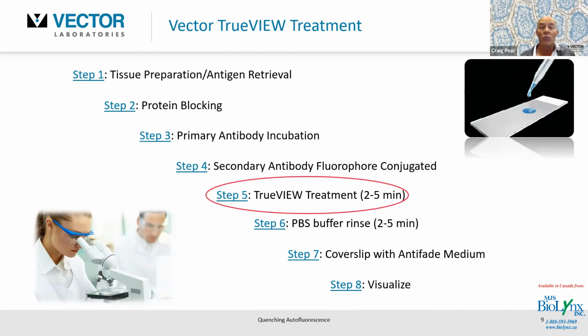Then you put on the TrueView at this step after you've applied your fluorophore for that short period of time, give it that brief rinse, cover slip, and then visualize. So the idea of this slide is to show you there's no great optimization required. You simply slip the TrueView in after you've done all the upstream detection, and then you do the cover slip.